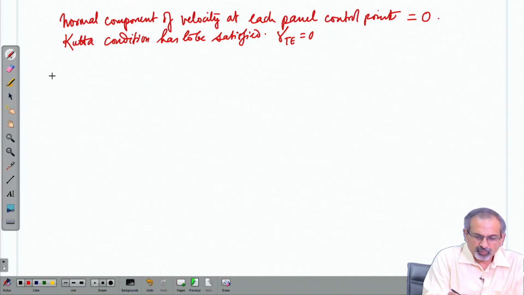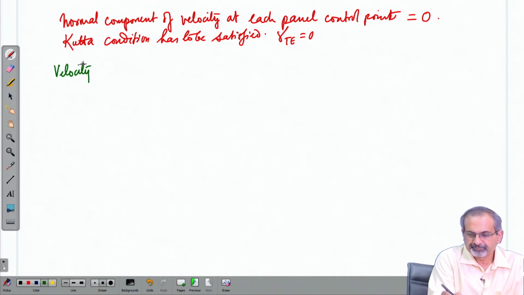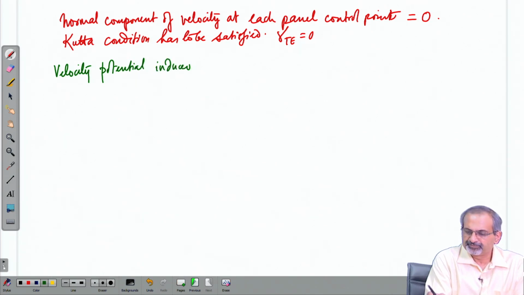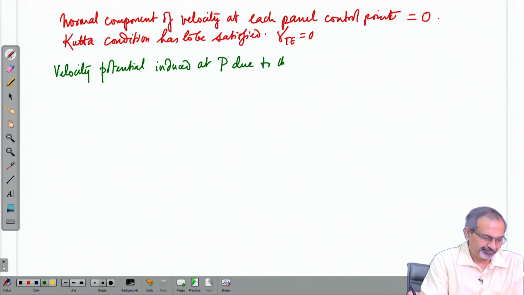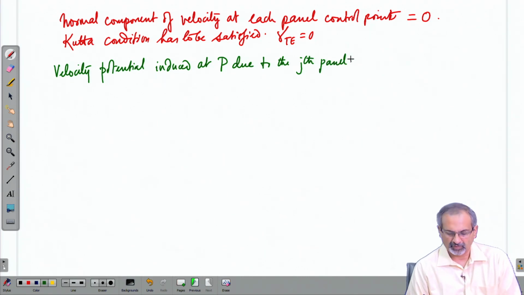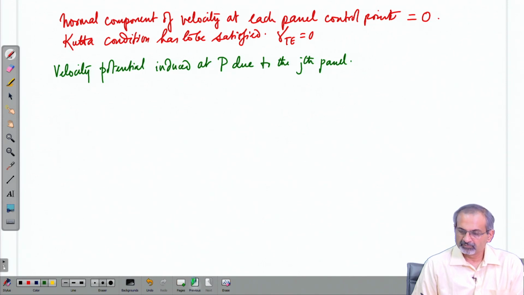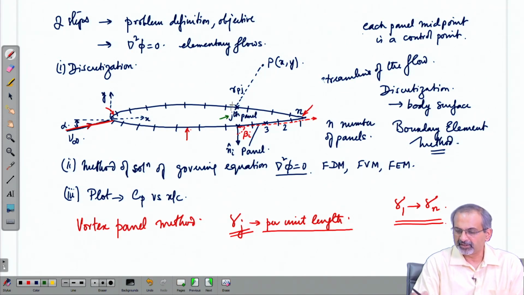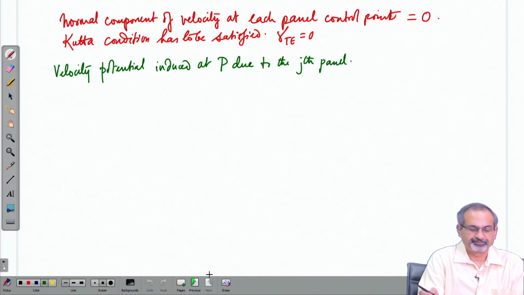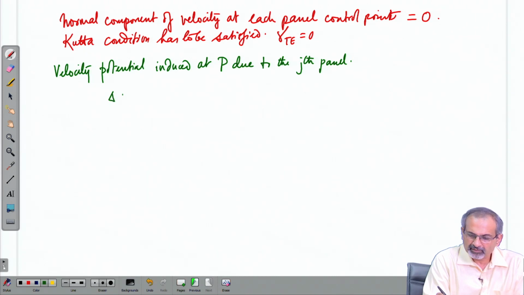Let us try to find out the velocity potential which is induced at the point P due to the jth panel. All right. We remember that this is the jth panel, this is the point P, and we are trying to find out the influence. How do we find that out? Let us write it as delta phi j.